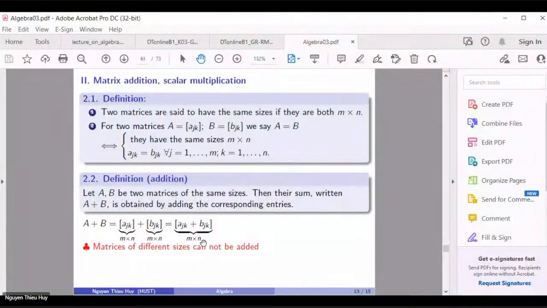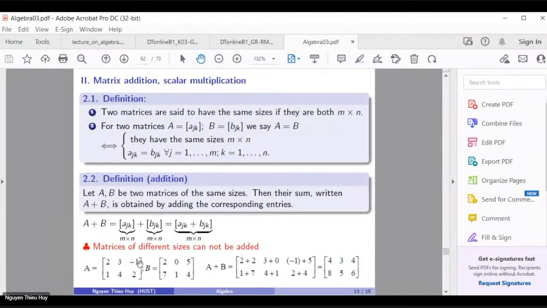Before I give you an example, pay attention that matrices of different sizes cannot be added, because there would be redundant entries and we cannot add them. Here is an example. A is of size 2 by 3, and if you want to add A with B, then B should have the same size, 2 by 3.